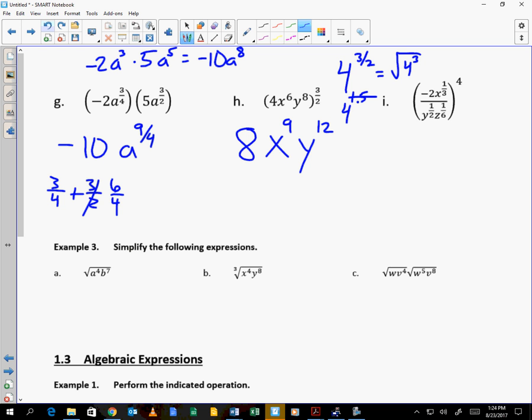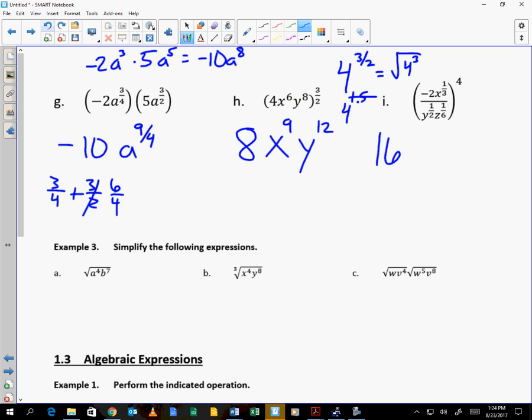All right. Letter I. What do you do there? Negative 2 to the fourth is 16. What do I do to the exponents?